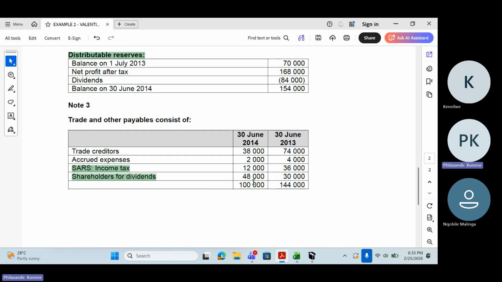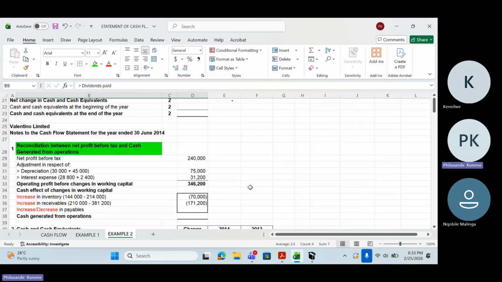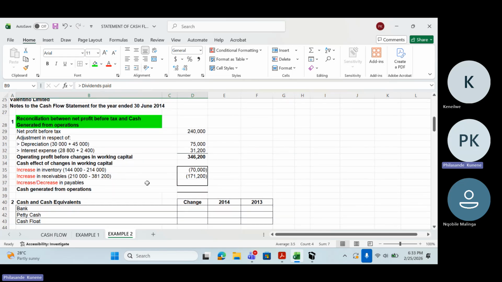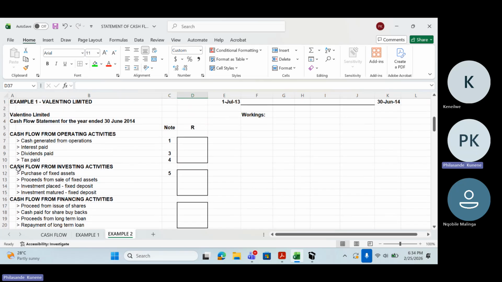We remove them here, and then they sit on the face of the cash flow statement, and they must not appear in this note. We don't want to show them in trade and other payables in this note, because then it would be like they are sitting in cash generated from operations, but they're also sitting here. It's double counting.